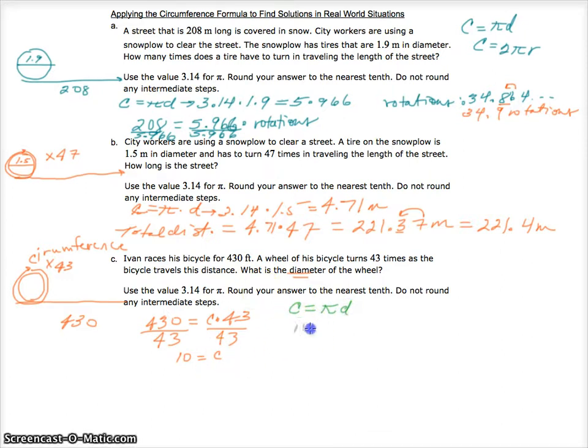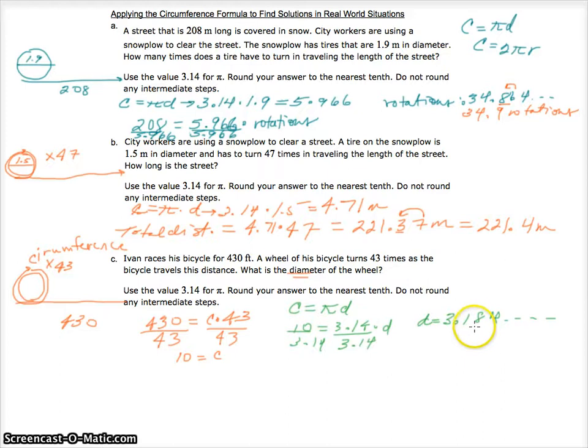My circumference was 10, so 10 equals 3.14 times the diameter, and now I divide by 3.14. 10 divided by 3.14, so my diameter, D, is 3.184, and some non-ending decimal values.